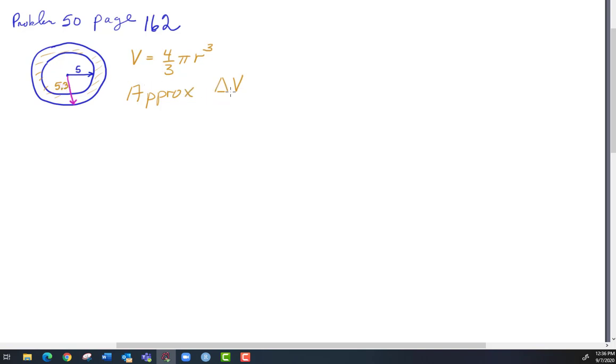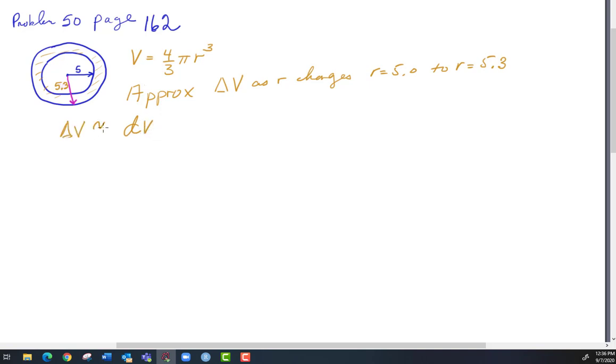Okay, so we want to approximate delta V as R changes from R equal 5.0 to R equal 5.3. And we're going to approximate with dV.